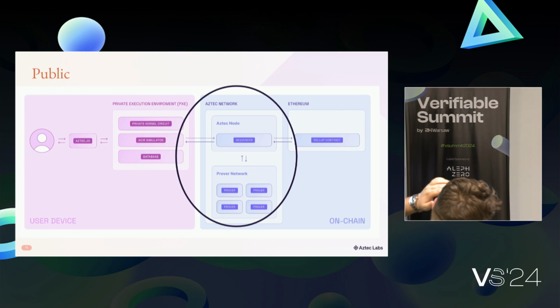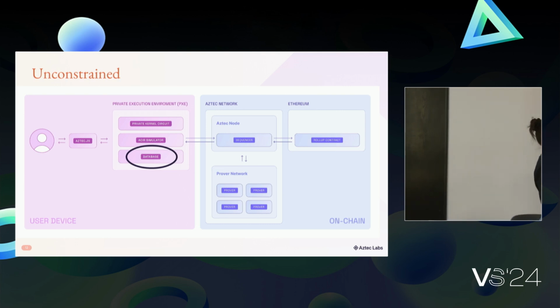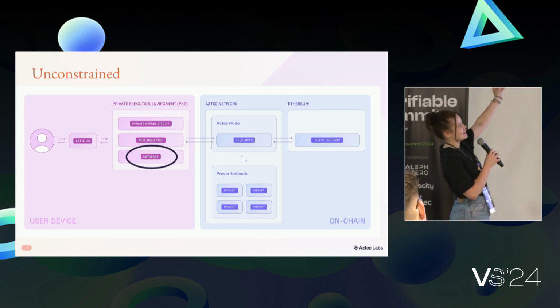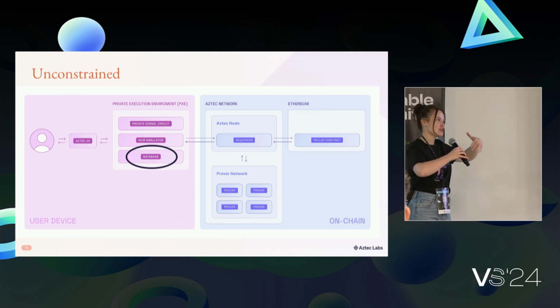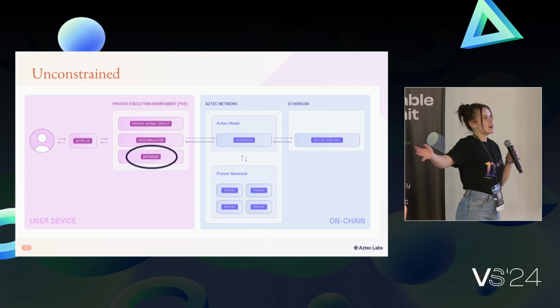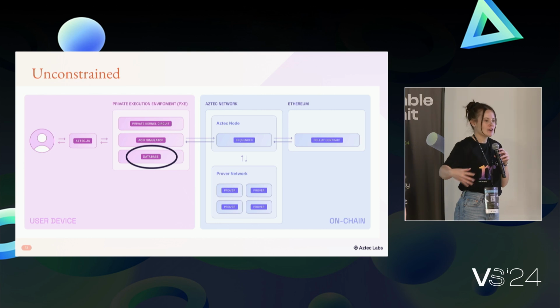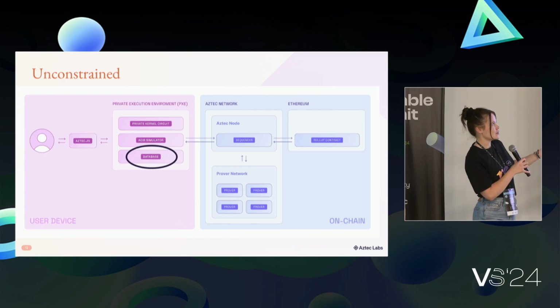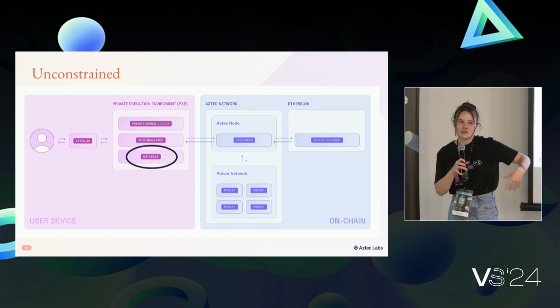We also have unconstrained functions. No proofs are ever going to be generated for these. Say you just want to interact with your PXE. You just want this app to know that you have 2 ETH, but it doesn't really matter that you have that. Then you have this unconstrained function. What happens after that maybe is that they send that ETH, and that will be constrained.